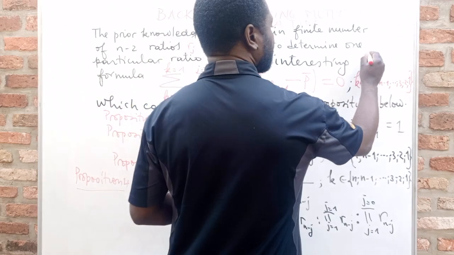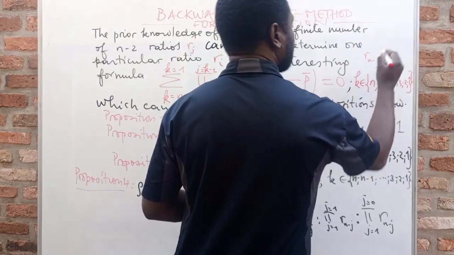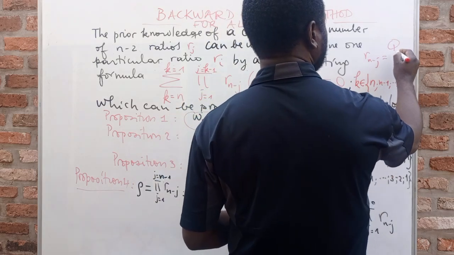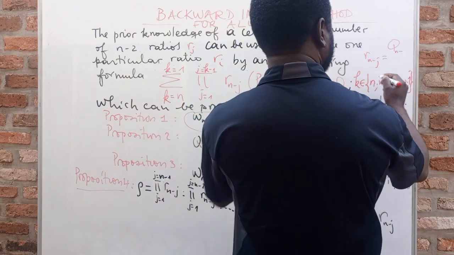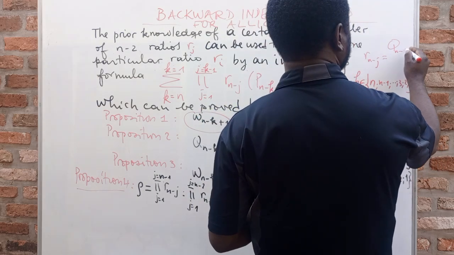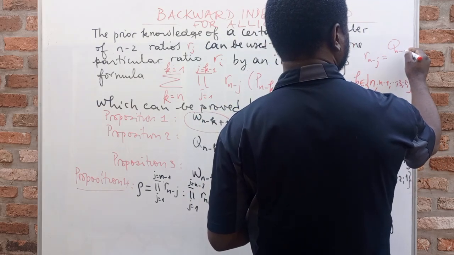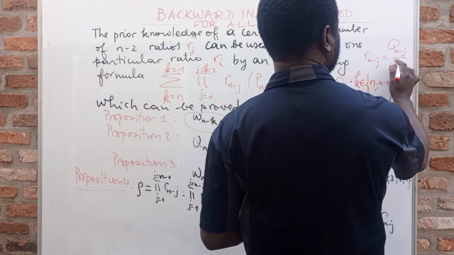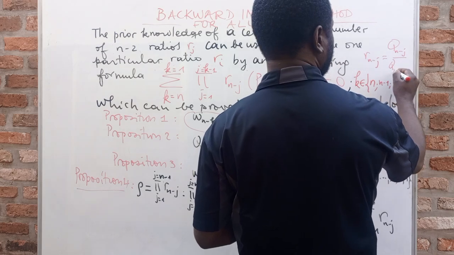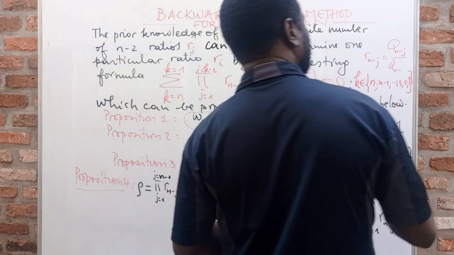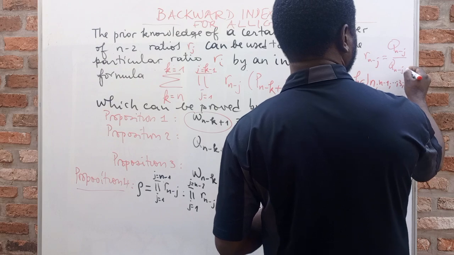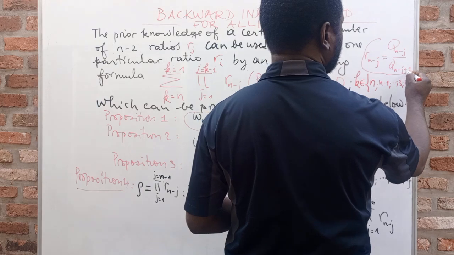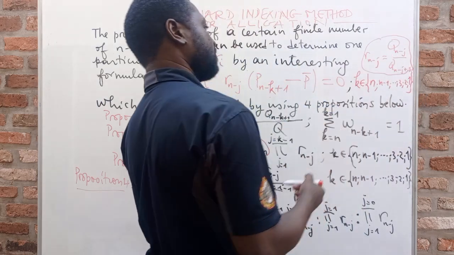These ratios, n minus j, will be equal to quantities q sub n minus j over q sub n minus j plus 1. That is the expression in terms of quantities.